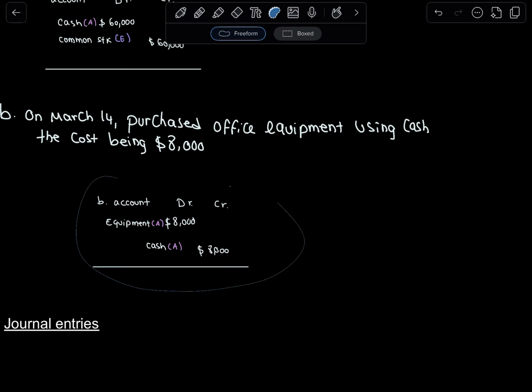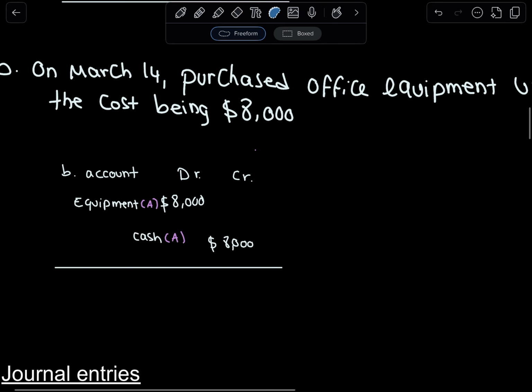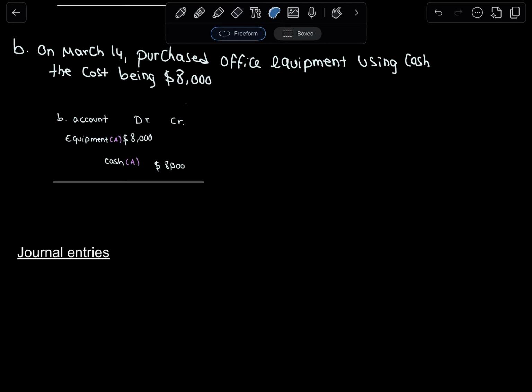So the accounts affected here are equipment and cash. Equipment is also an asset account, so it will increase with debit and decrease with credit. Since we're getting new equipment, we're increasing equipment by $8,000, and since we paid cash for it, we're decreasing our cash account by $8,000.